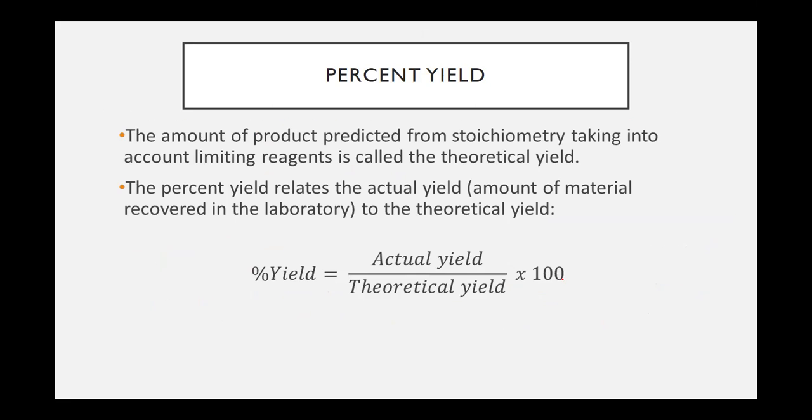The amount of product predicted from stoichiometry, taking into account limiting reagents, is called the theoretical yield. So, limiting reagents first. What is our limiting reagent? We should be familiar with the limiting reactant. The limiting reactant is what we base on to know how much product we will produce.